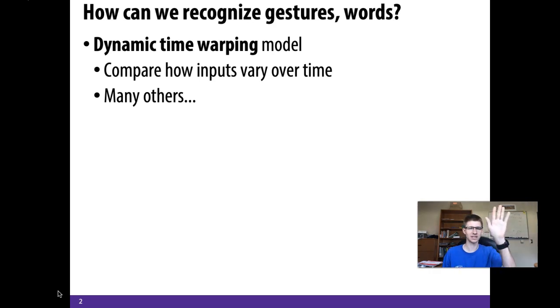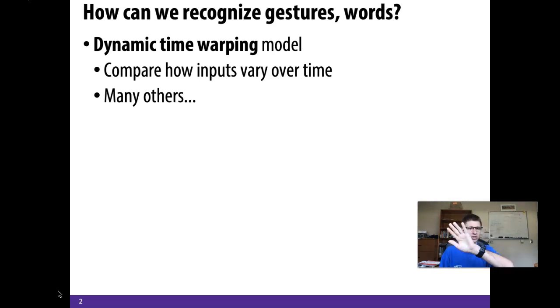The way this works is that if I think about my waving gesture, I can do a wave that starts my hand here, moves slowly and smoothly from right to left and then back. Or I could do a herky, jerky wave where I go like that, and then come back quickly again. As long as my hand does the same path, the same motion, left, right, or right, left, and then back, I should recognize that as the same gesture.